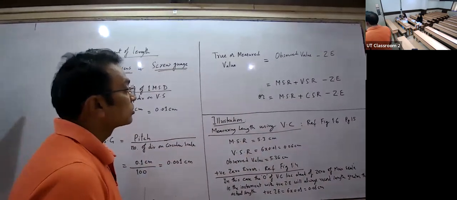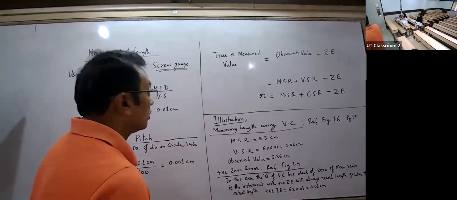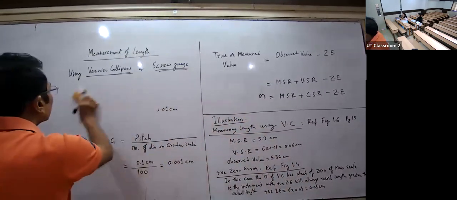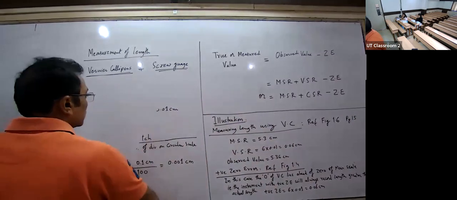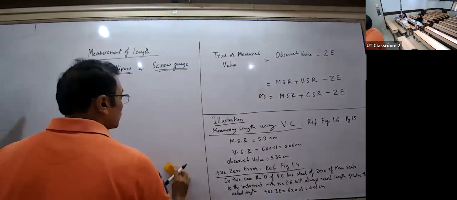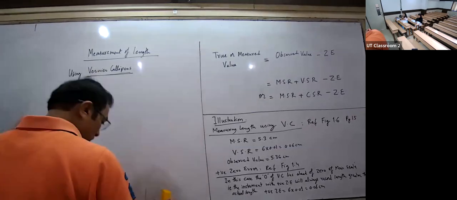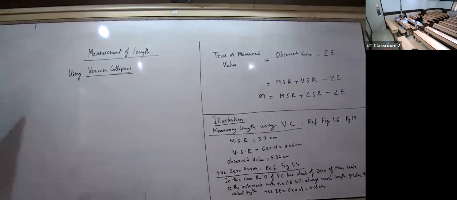Okay, so what is the zero correction? Therefore, right now that will be the vernier calipers example.